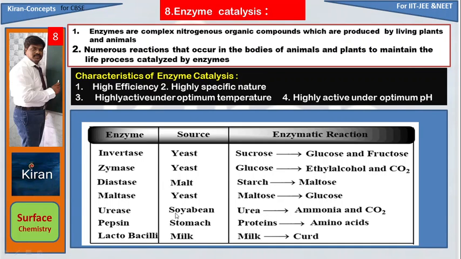This urease is available in soya bean. Pepsin is one of the enzymes released in our human stomachs, which is also used as a catalyst to convert proteins into amino acids. Lactobacilli enzyme converts milk into curd. The source of this lactobacilli enzyme is milk.